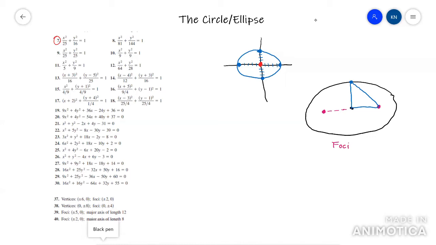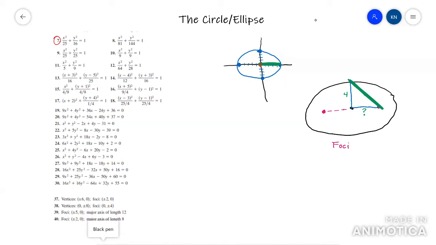Now, this minor axis, this distance right here, it's the same as this distance right here. So that's 4. We don't know this distance to foci. That's a problem. But what's going to help us is the hypotenuse of this triangle is going to be half of your major axis.